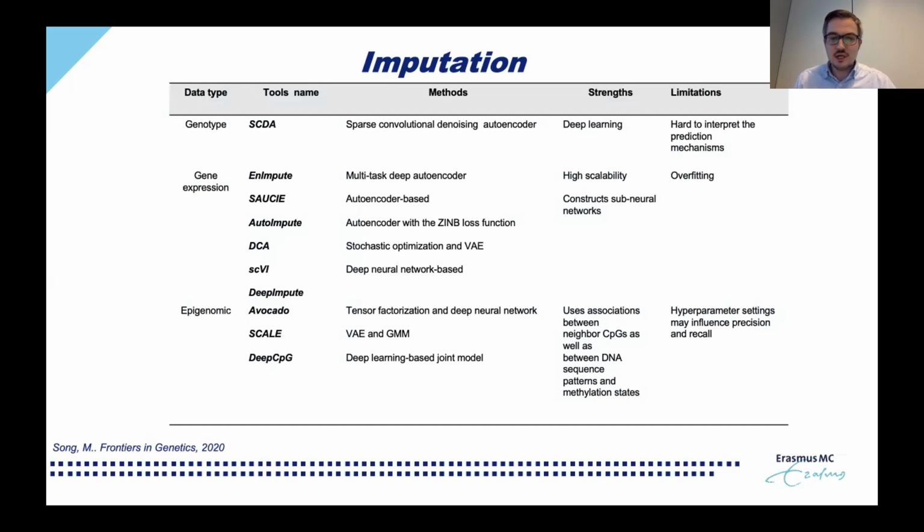I haven't mentioned it here. Again, just a reminder that the slides will be shared afterwards. You can check these tools if you're interested. I want to focus your attention on the fact that a lot of methods are based on so-called autoencoders. I will cover this later. And if you really want to go deeper into details with this review, I highly recommend this really nice paper. You see the reference at the bottom.